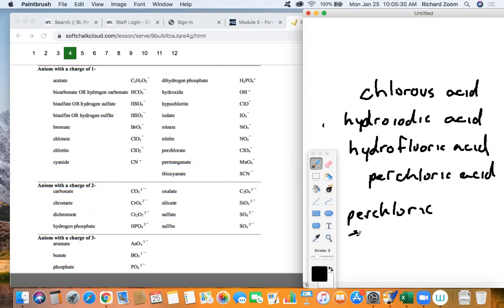Perchloric comes from perchlorate. H plus ClO4 minus, HClO4. Any questions?